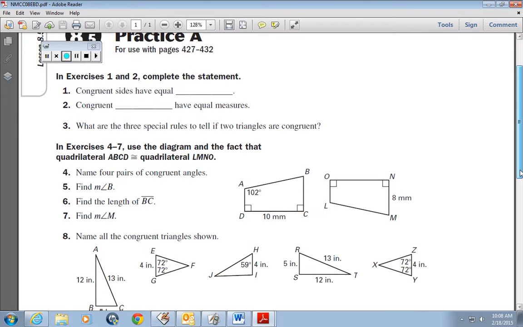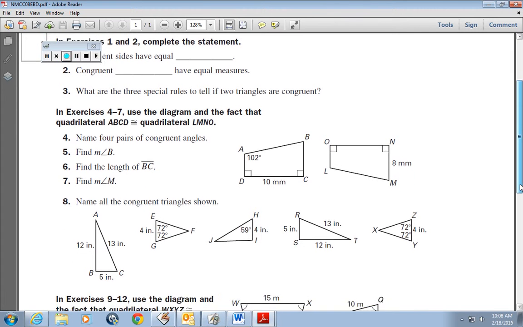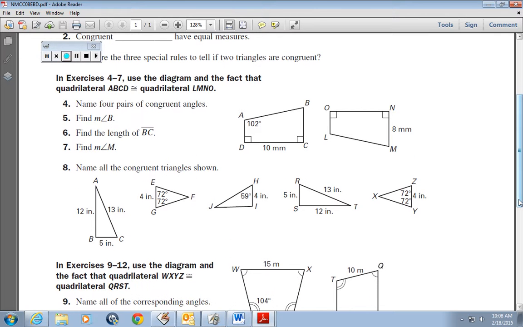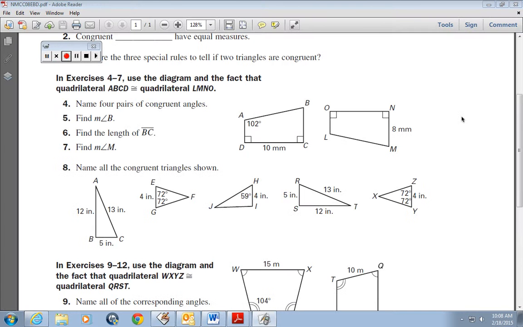Now, on 4, 5, 6, and 7, you need to look here. Okay? And the first thing that I would do is draw your rainbow.